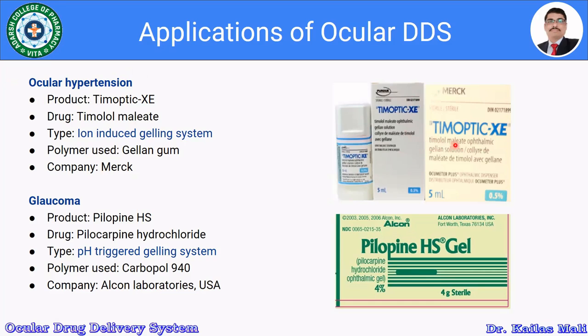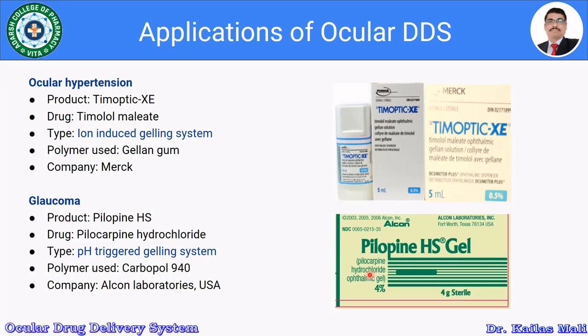It is available in the form of an ophthalmic gel solution, so it contains an ion induced gelling system. The polymer used in Timoptic XE is gellan gum, and it is marketed by Merck. The second product, used for glaucoma, is Pilopine HS gel.